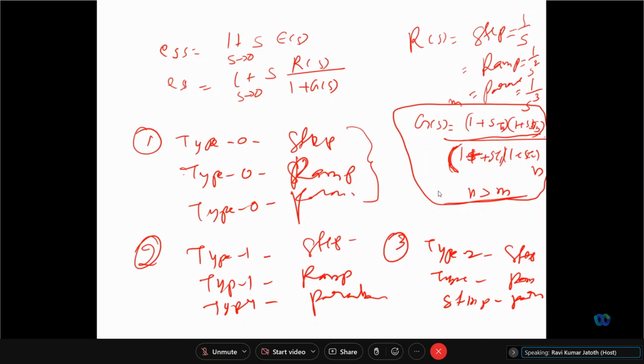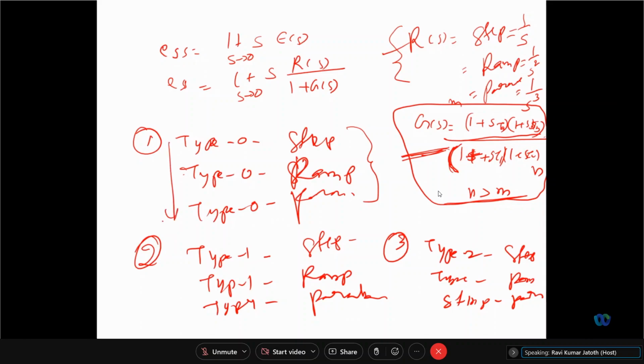Okay, so now let us try to derive. We have different types here and different inputs here. So we will fix this or we will fix this.